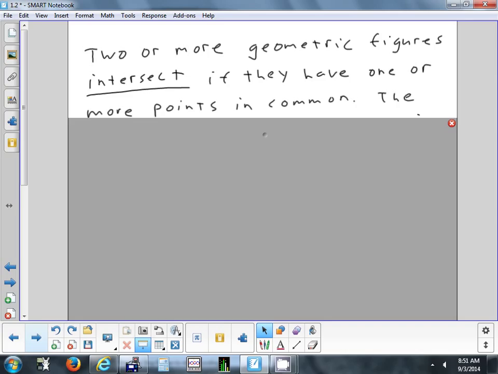Is that always true? If you draw, in general, 2 geometric figures, do they always cross each other one time? What do you think? How about Alyssa? If you draw any 2 geometric figures, not just lines, will they always just cross each other one time? No. Could you give me an example of something you could draw that would cross more than once?